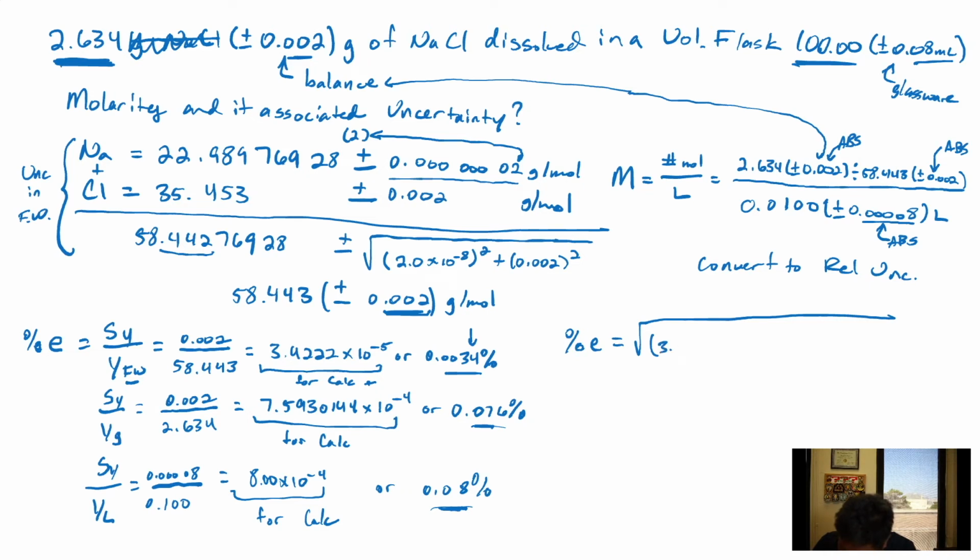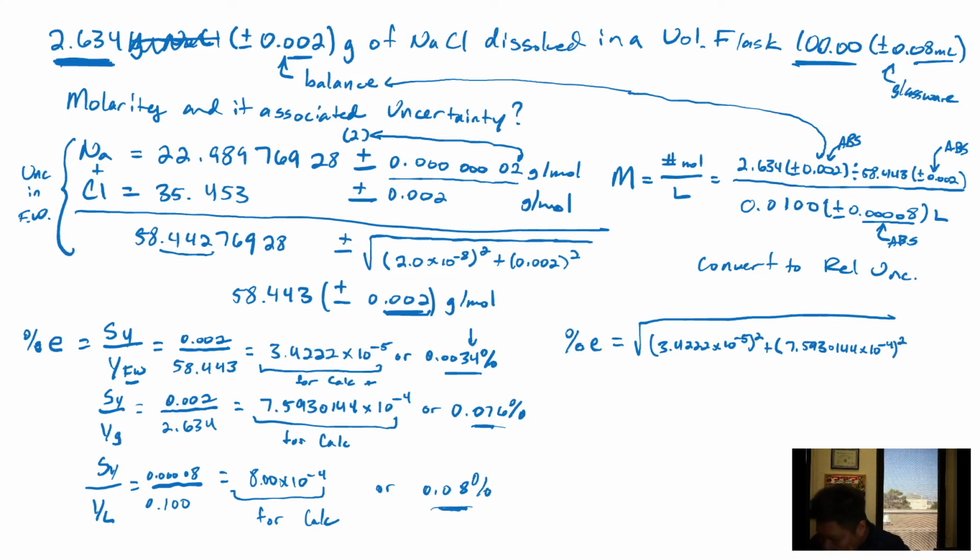So 3.4222 times 10 to the negative 5, squared, because remember, percent E, or relative uncertainty, is the same thing as the absolute uncertainty divided by the value, plus the square of the one for the grams, which is 7.5930144 times 10 to the negative 4. Gotta go slow, so you make sure you get everything.